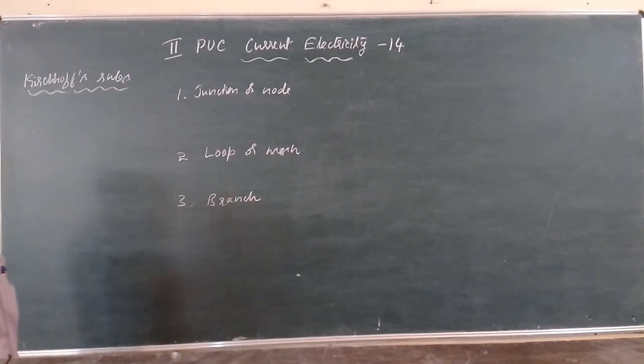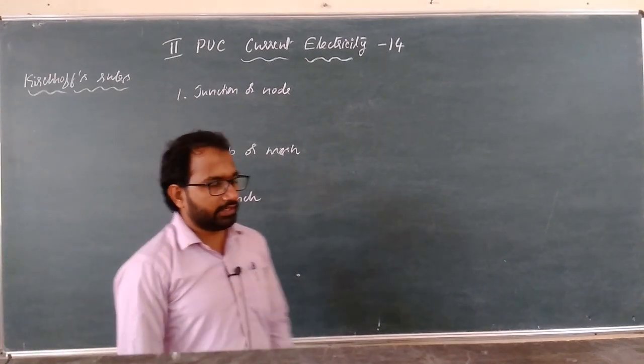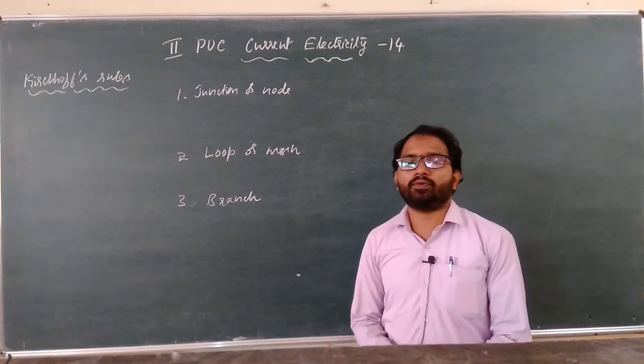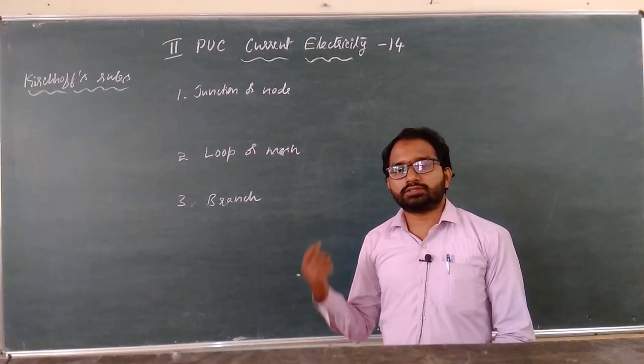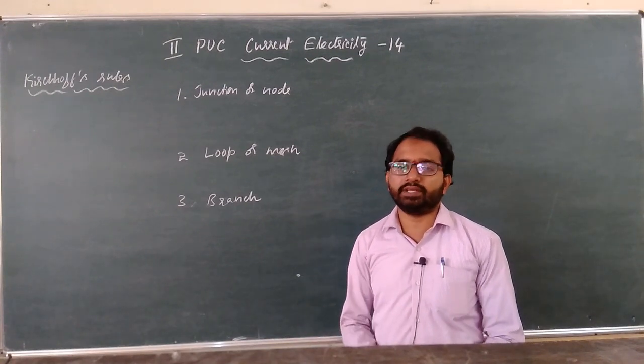So what is a junction or node in an electrical circuit? In an electrical network or in an electrical circuit, a junction or node is a point where three or more electrical components or conductors meet.